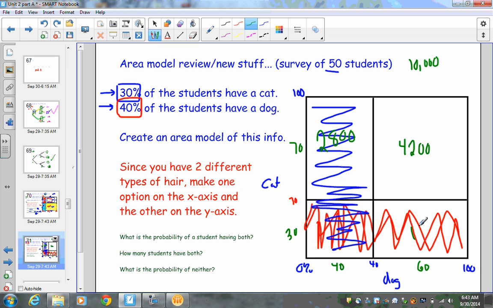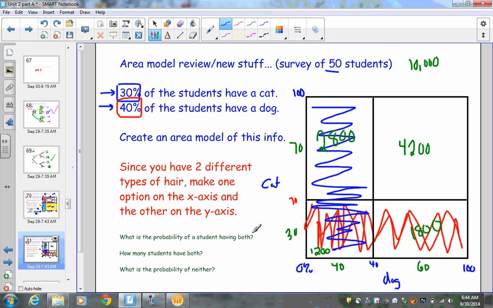This should be 1,800. And this right here should be 1,200. I've got to write small down here. So 1,200, 2,800. I think we're good. I believe that adds up to 10,000. Let me check this real quick. 28 plus 42 plus 18 plus 12. All right, we're good.